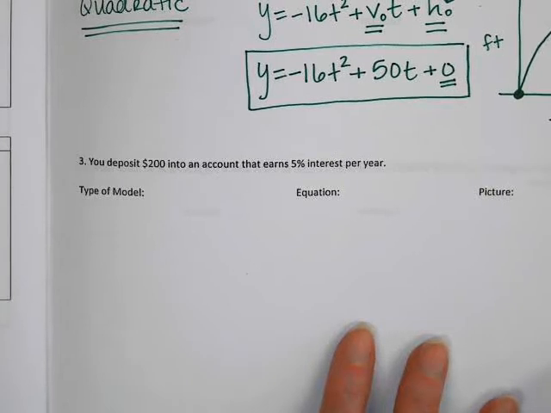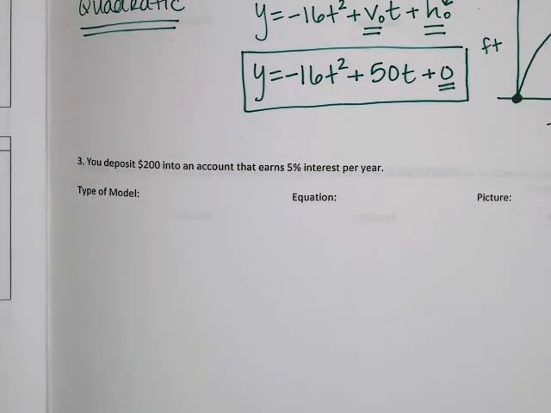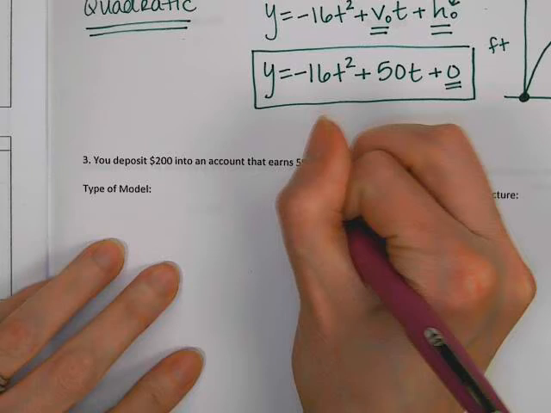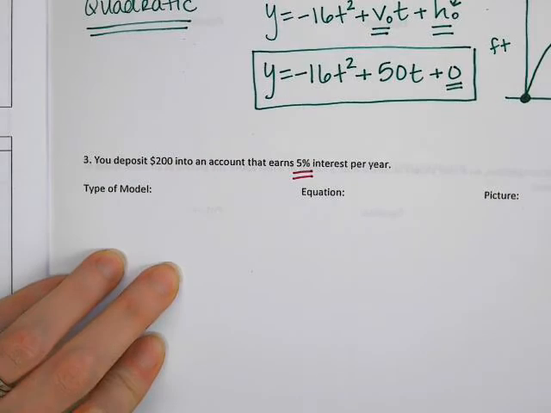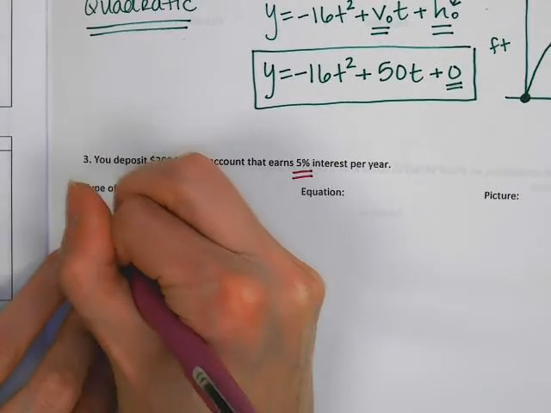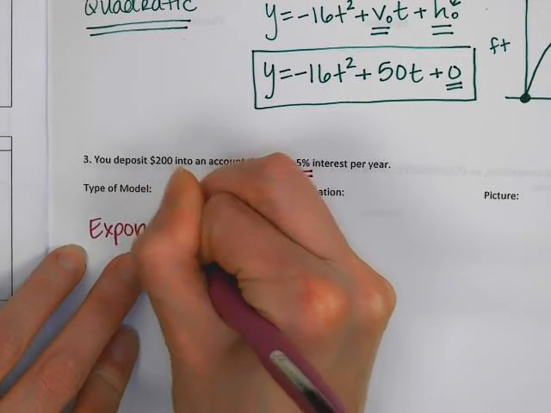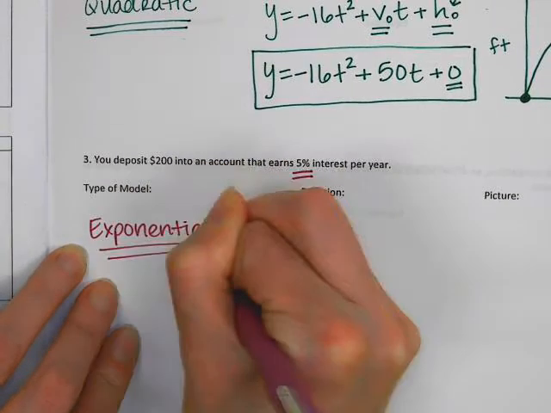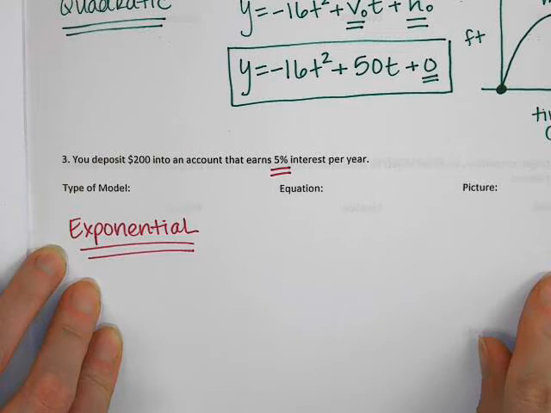Okay, lastly, you deposit $200 and it earns 5% interest. Whenever there's a percent rate, it's going to be exponential. All right, the equation.